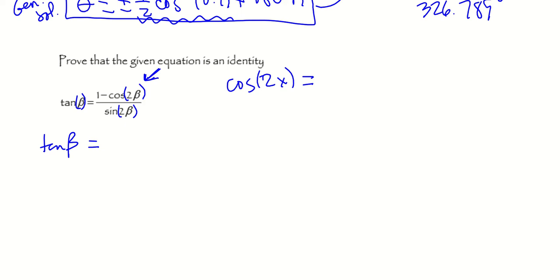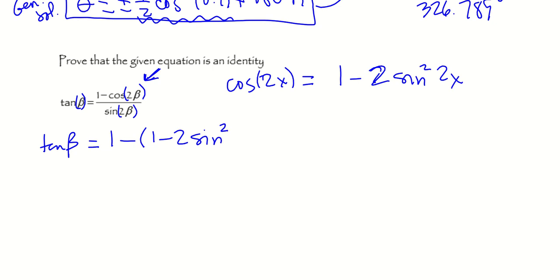One of the definitions for the cosine of 2 times x is 1 minus 2 times the sine squared of x. If I make that substitution, I have 1 minus, replacing cosine of 2 beta with 1 minus 2 times the sine squared of beta.